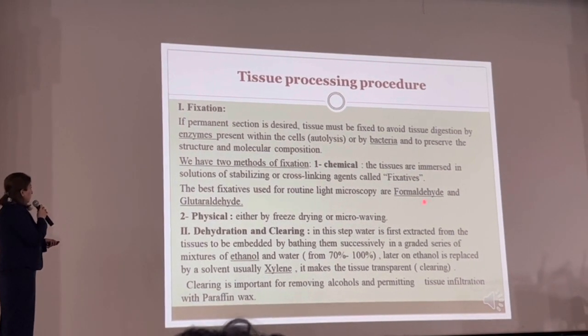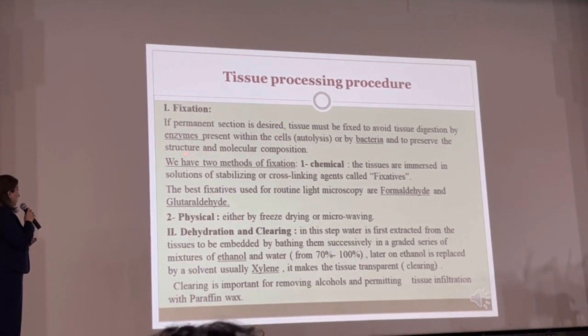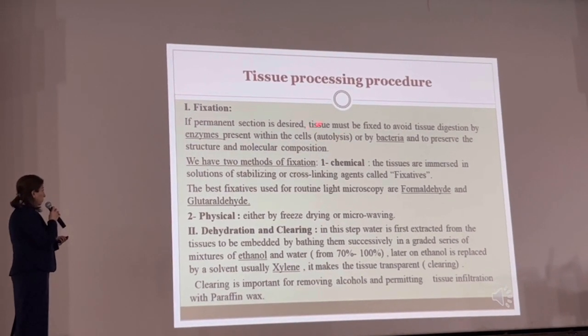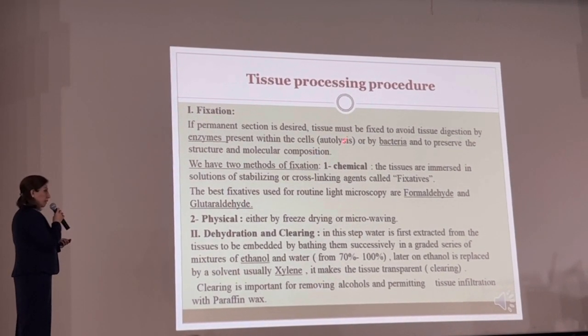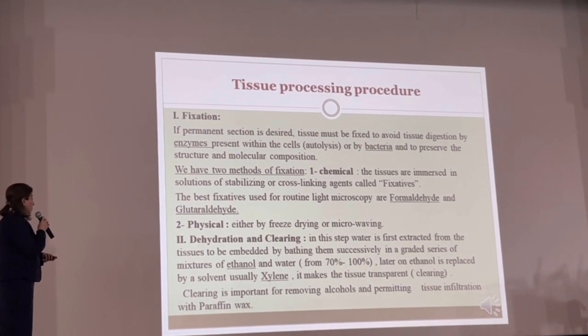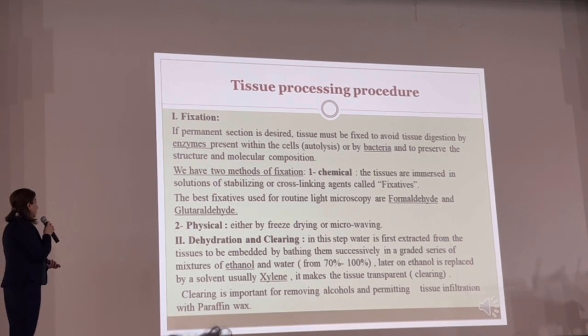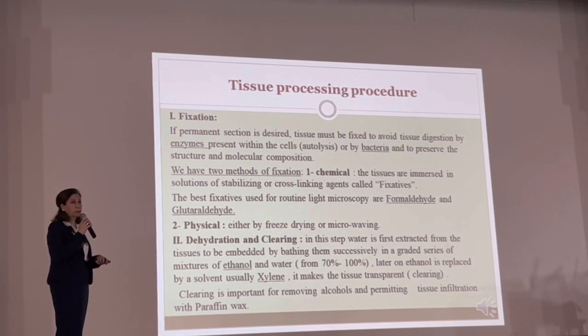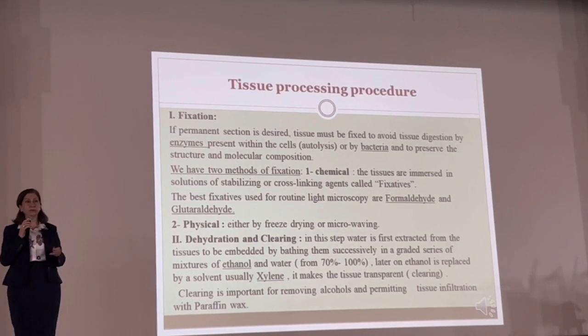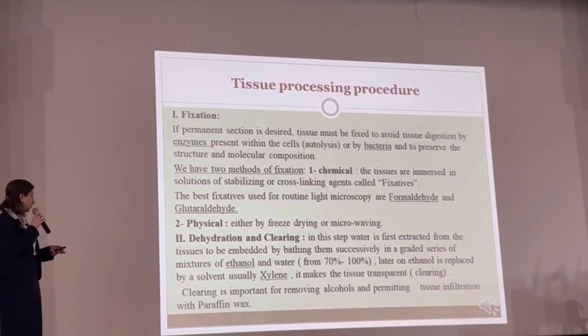This avoids tissue digestion by enzymes present in the cells themselves, which may cause destruction of the cell with time, called autolysis, or by bacteria from outside. To prevent the structural and molecular composition from changing, it is better to take the tissues and fix them with certain agents.